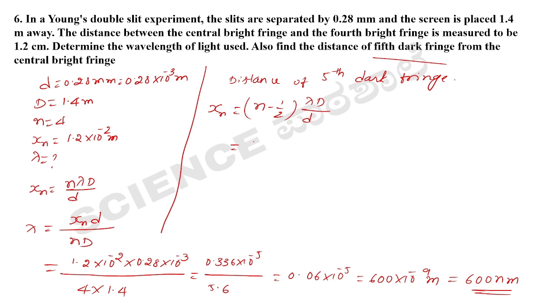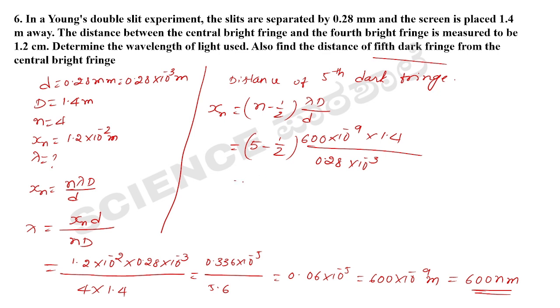Fifth, right? N is equal to 5, minus 1 by 2. What is lambda? 600. See, we got this 600 into 10 raised to minus 9 into capital D, 1.4, divided by small d, 0.28 into 10 raised to minus 3.